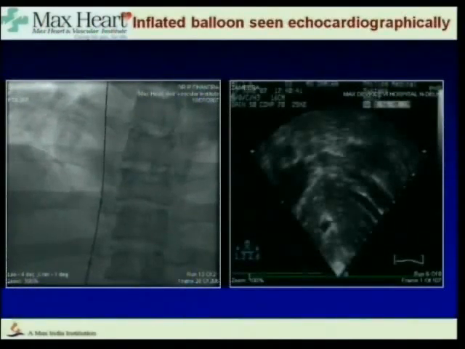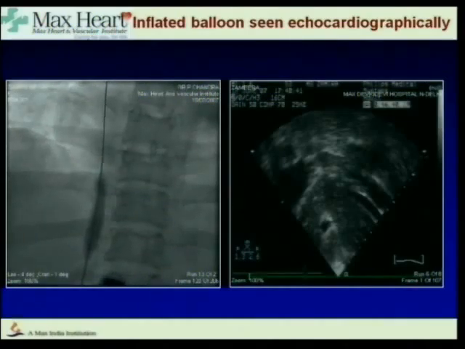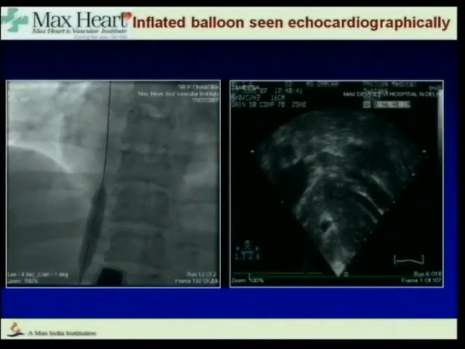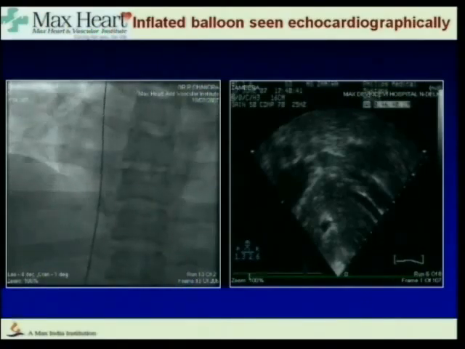We continued with the simultaneous echocardiographic guidance, which was of immense use in this case, and one could see even the inflated balloon within the IVC on the echo.